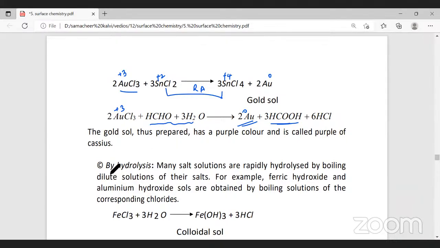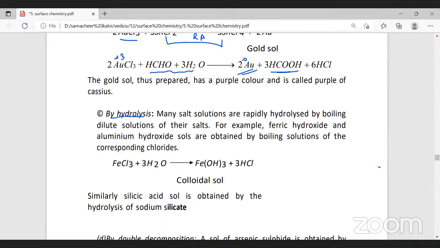The third method is by hydrolysis. Many salt solutions are rapidly hydrolyzed by boiling dilute solution of their salts. For example, ferric hydroxide and aluminum hydroxide sols are obtained by boiling solution of the corresponding chlorides.